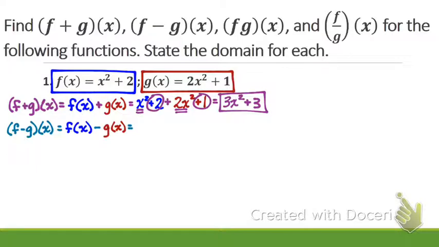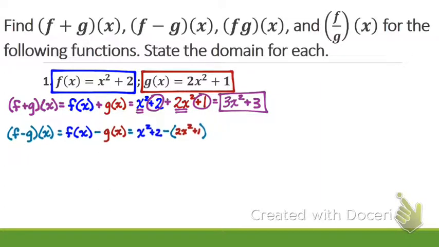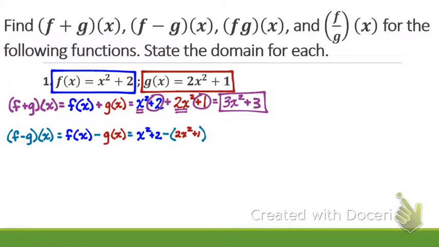I've got my function f of x, x squared plus 2, and then I'm going to subtract my function g of x, 2x squared plus 1. Please make sure to put the second one inside parentheses. I need to distribute that subtraction. So I'm going to have minus 2x squared minus 1.